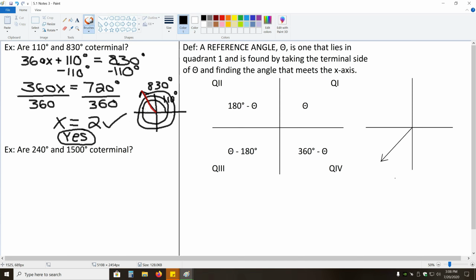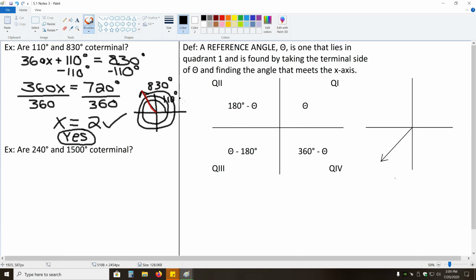So hopefully now you can see why this method is so useful. 830 degrees and 110 degrees end up having the same terminal side. So if we wanted to do some work with these angles later on in the course, and we had 830 degrees to deal with, then essentially we could just use 110 degrees, and all of our calculations should theoretically work out the same way.